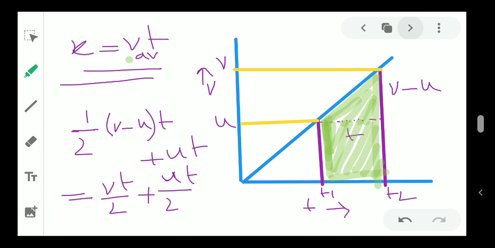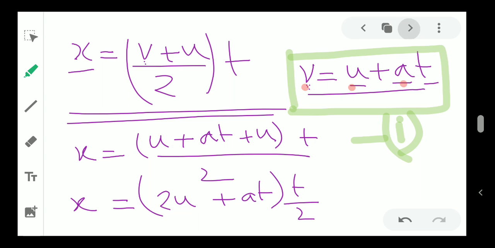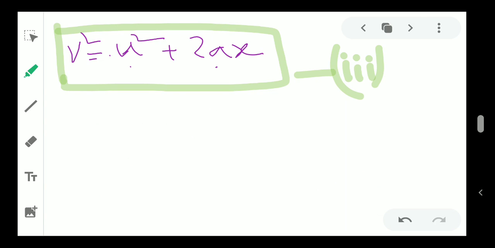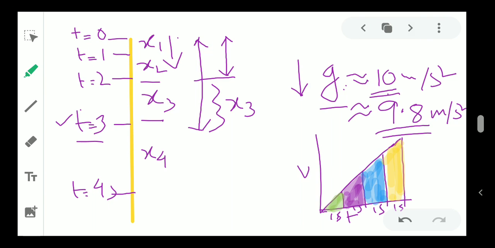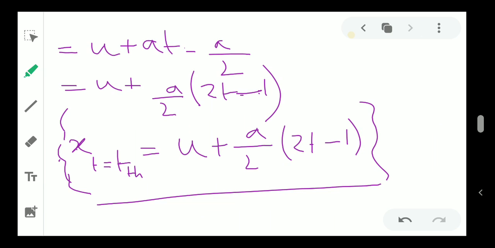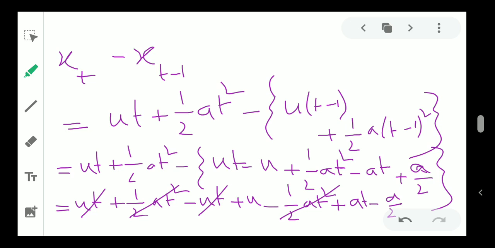Okay, and this is it. The next topic we will be doing is vectors, because without vectors we cannot go into motion in 2 dimensions and 3 dimensions. But before that we have to solve some numericals, because without numericals, why are we learning these formulas?